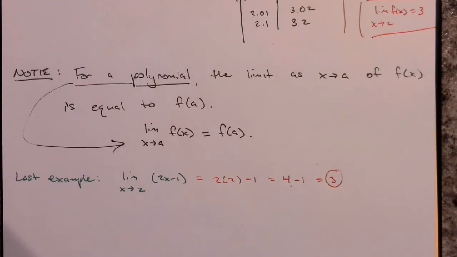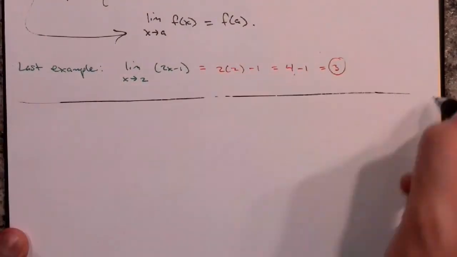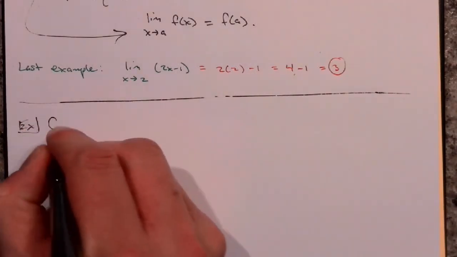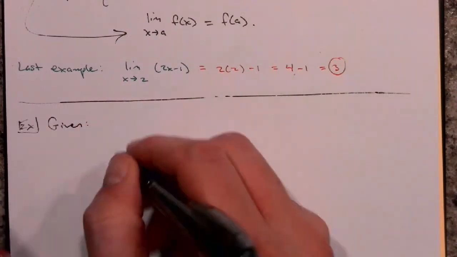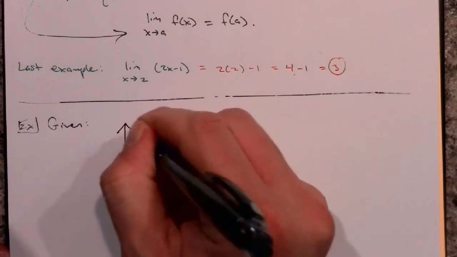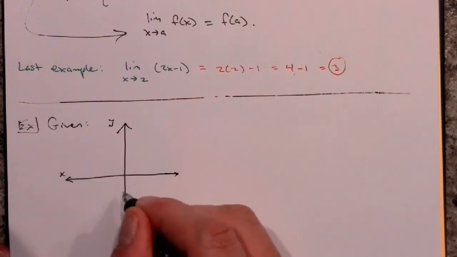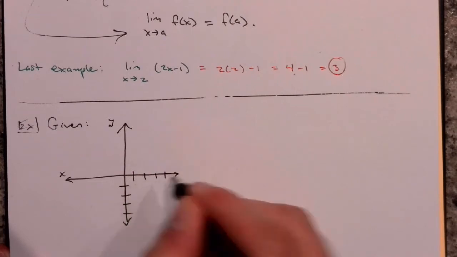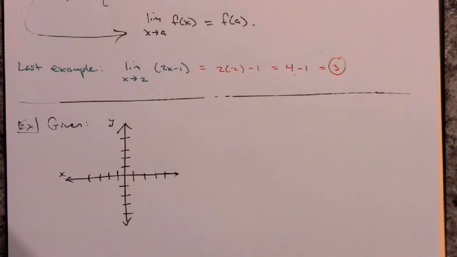Let's take a look at another one graphically, and then I'll give you some formal definition. I'm just going to give you a graph here, so I'll sketch it out. Here's x, here's y. We'll go 1, 2, 3, 4.